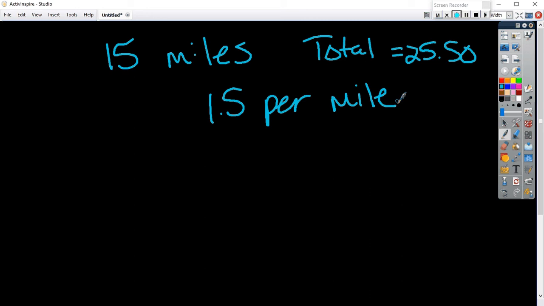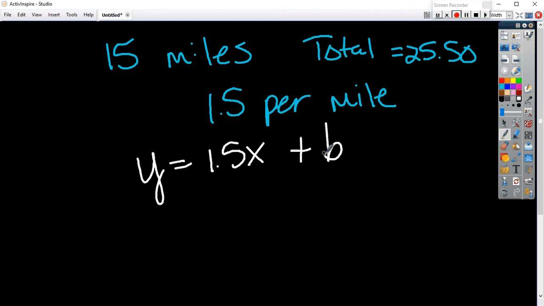Do you see that? So let's plug in the rate. What do we have to find? We have to find how much they charge regardless of how far they go, right?